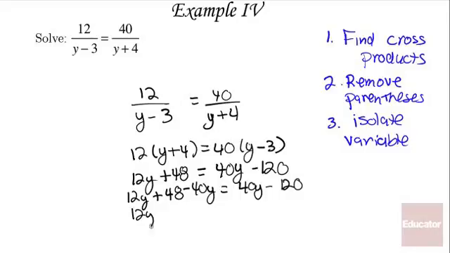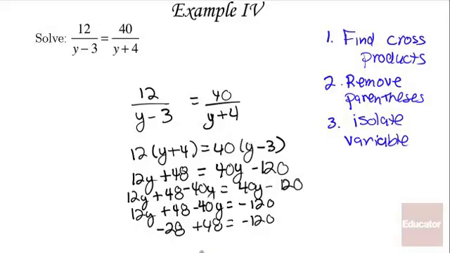That gives me 12y plus 48 minus 40y equals negative 120. And 12y minus 40y is minus 28y, plus 48 equals negative 120.